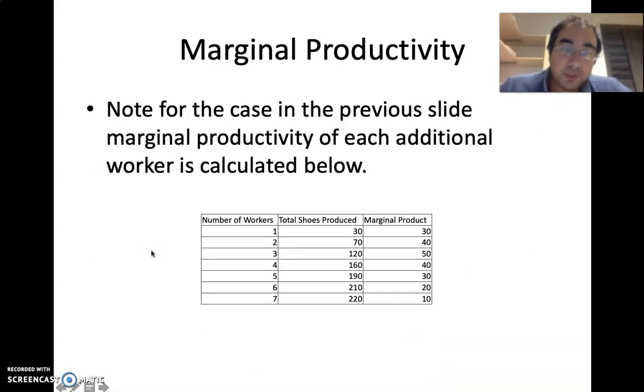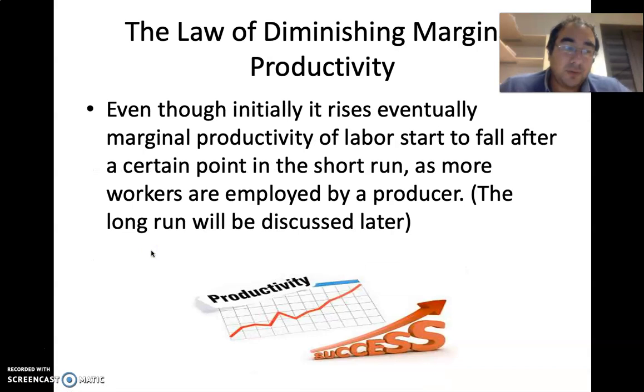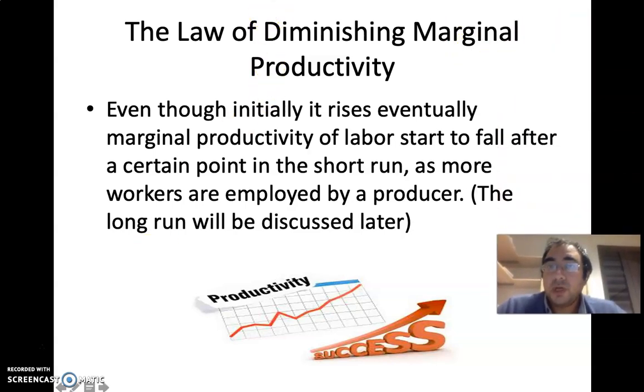Let's go further. So now, this law is very much in parallel with the law or principle of diminishing marginal utility. This one is called the law of diminishing marginal productivity.